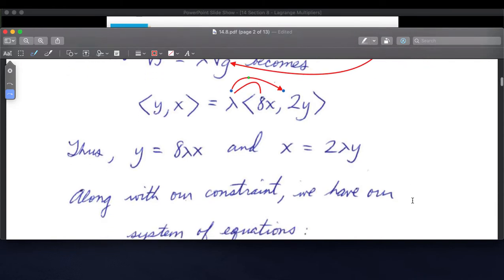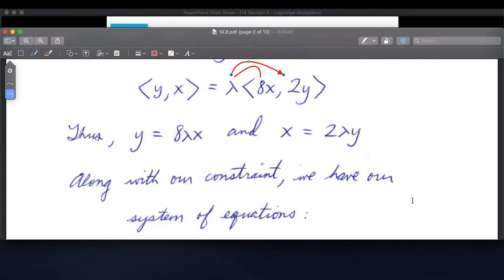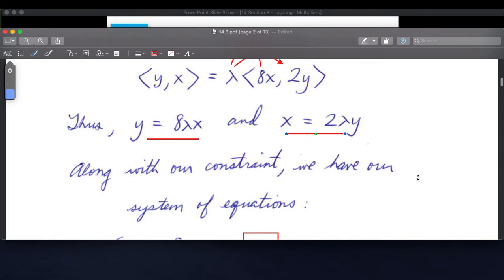And the whole point is that, as I said earlier, Lagrange multipliers is all about creating a system of equations. So now in this system of equations, I already have my first equation and my second equation. So what's my third equation?